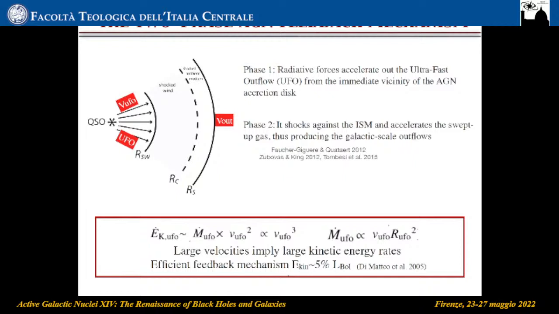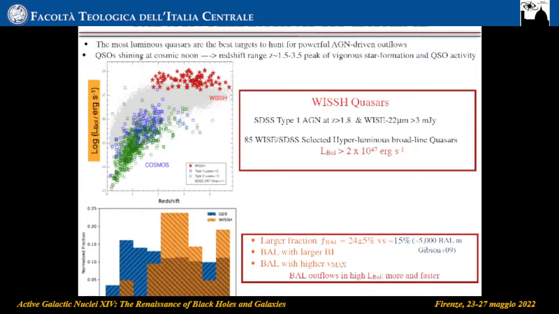So Enrico already talked yesterday about the WISSH quasars, which are the most luminous quasars, and why it's important to study them. In particular, they are shining at cosmic noon, in the redshift range from 1.5 up to 3.5, which is the peak of both star formation and quasar activity.